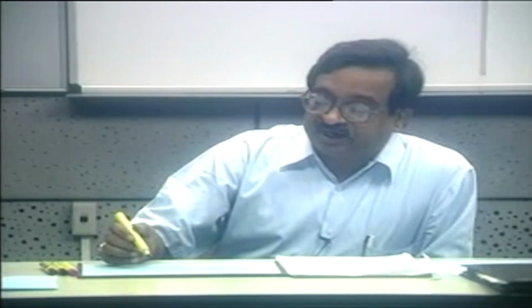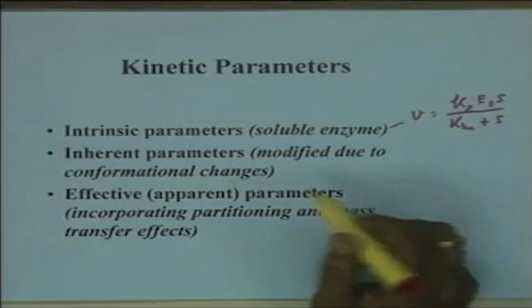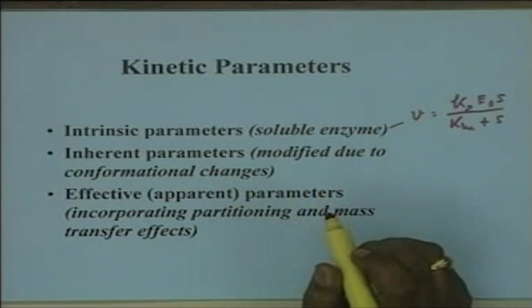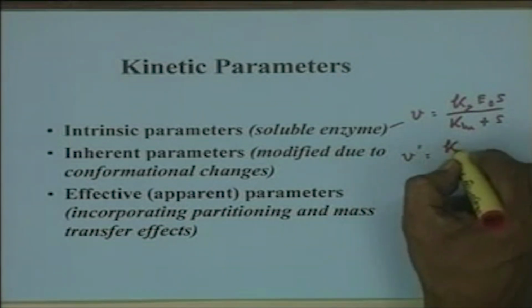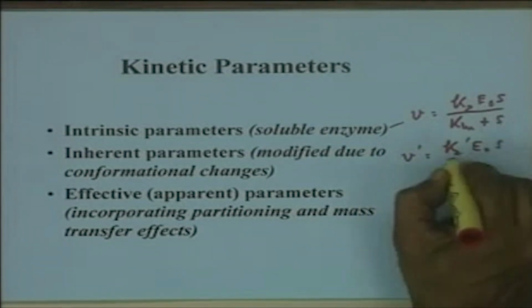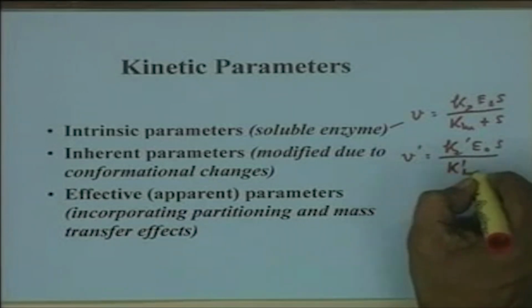Whatever conformational changes have taken place, whatever kinetic parameters have been modified as a result of this interaction are considered under inherent parameters, and we define them as V dash equal to k2 dash E naught S upon K dash M plus S.